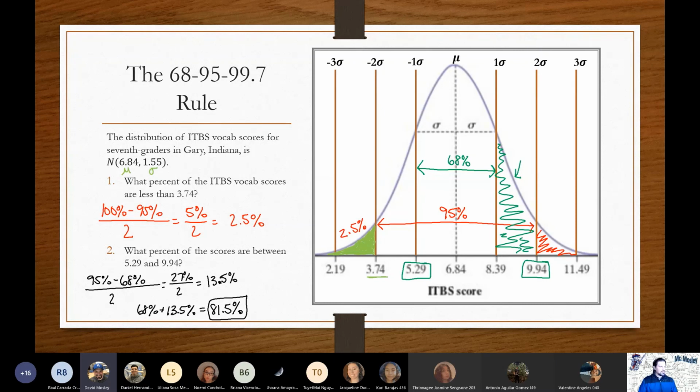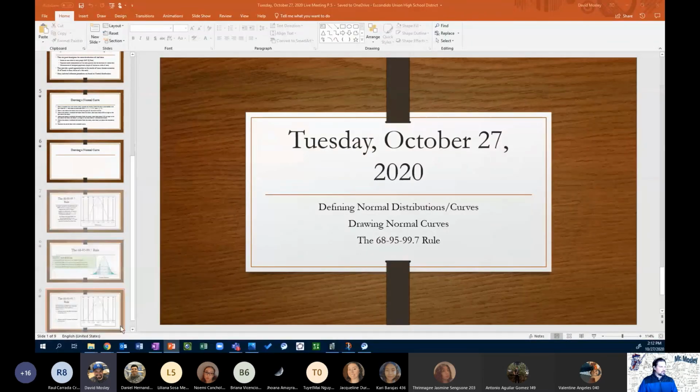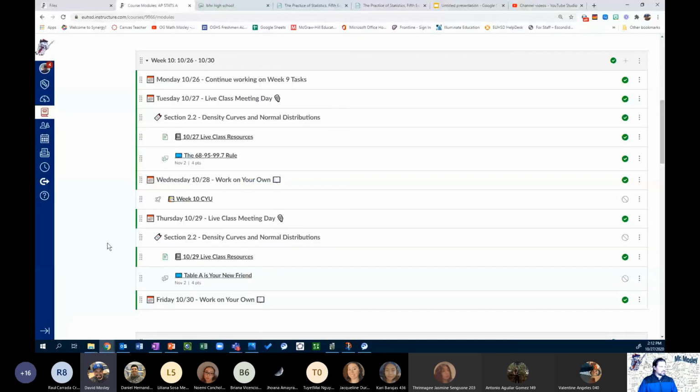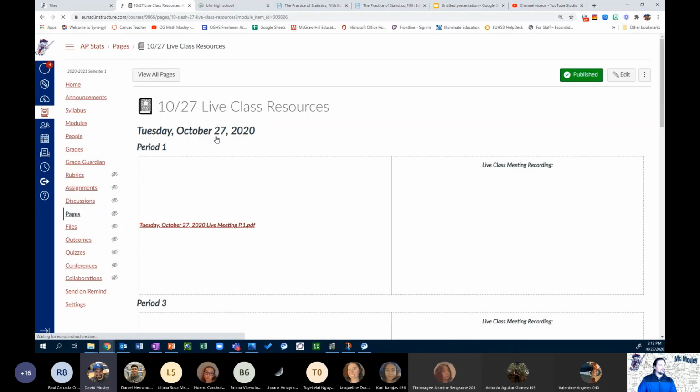Okay, so I'm going to do a quick look into this week's module. Right, it is week 10. We have the module mostly built out here. We're in section 2.2. We'll remain in section 2.2 later this week. We have our live class resources.